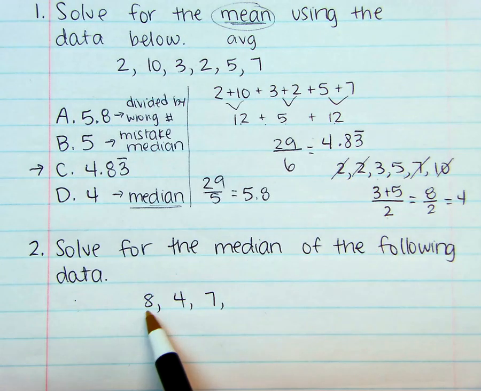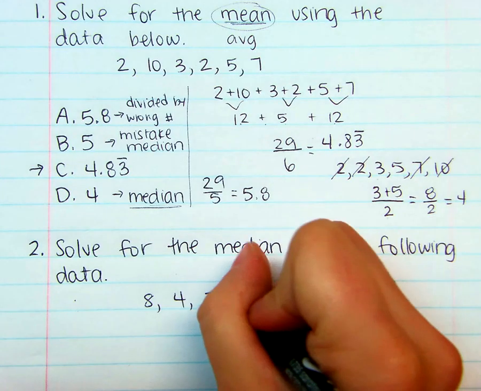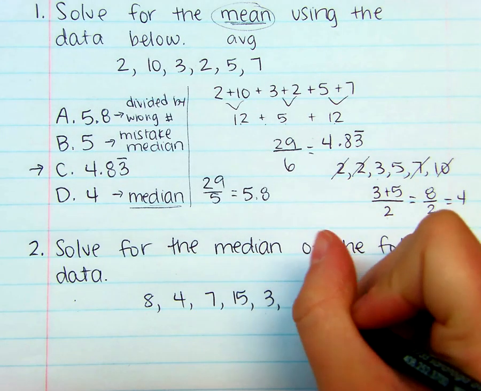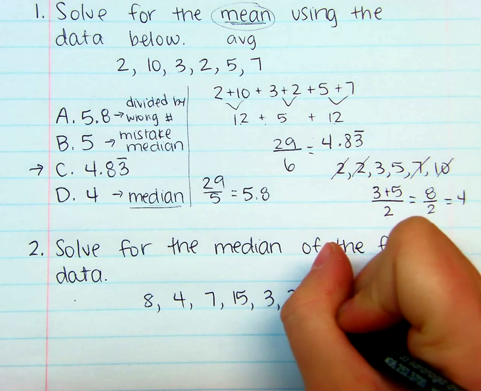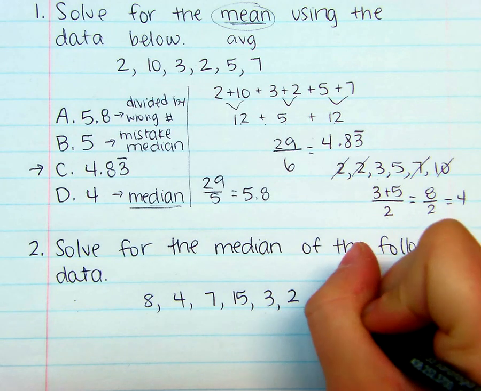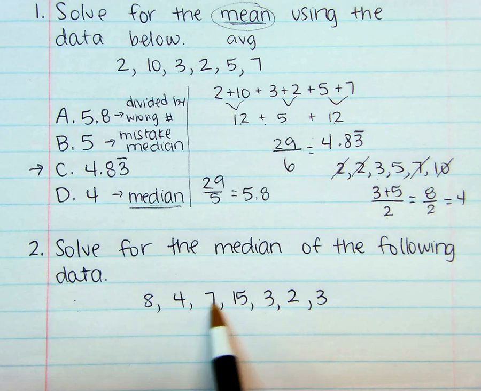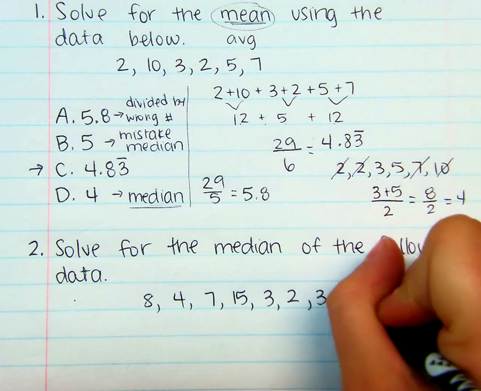So we've got 8, 4, 7, 15, 3, let's put 2 3s, oh, just kidding, a 2, and another 3 in there. We've got 1, 2, 3, 4, 5, 6, 7 numbers. Let's go with 8. Let's add another, let's add 12.